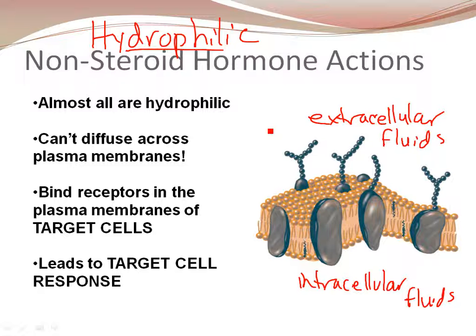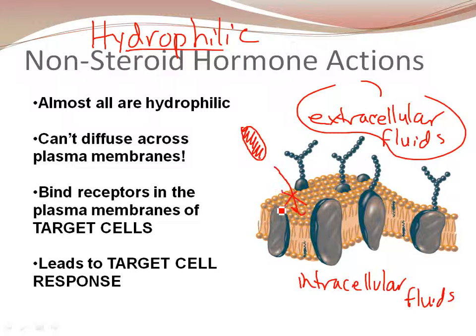If you have a hormone that has been secreted by an endocrine gland, and it is a hydrophilic non-steroid hormone, and it's out here in the extracellular fluids, it cannot make it across the cytoplasmic membrane of a target cell. It can't diffuse through that phospholipid bilayer, can't get through all these fatty acid tails of the membrane.